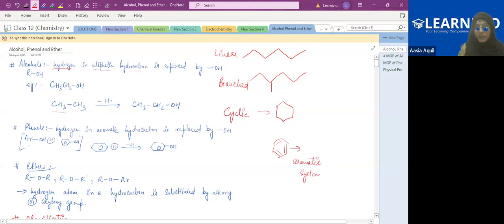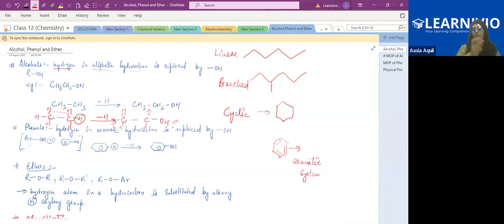What you are supposed to do is just remove one hydrogen, and if this hydrogen is replaced by a hydroxyl group, which is OH group, this type of structure is known as alcohols. When you replace one hydrogen from the aliphatic hydrocarbon chain by a hydroxyl group, you will get an alcohol.